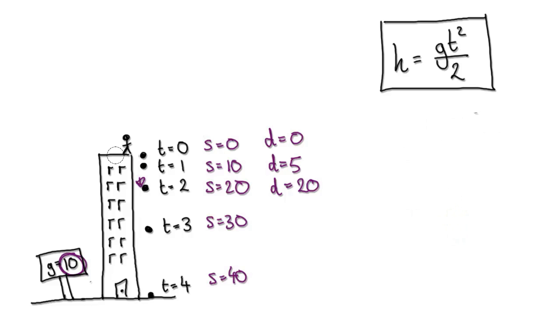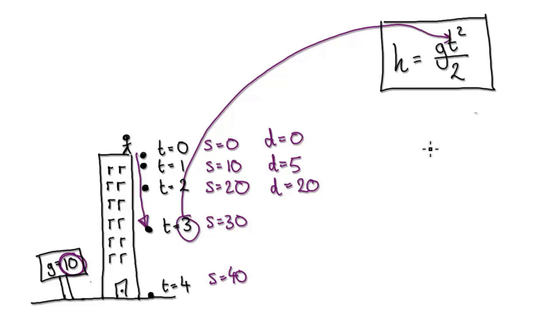When time equals 3, the cannonball would be here. So that means to work out this distance here, we would use this formula here. Put 3 into the t. You've got to square it, and then you've got to times it by 10, and then divide it by 2.